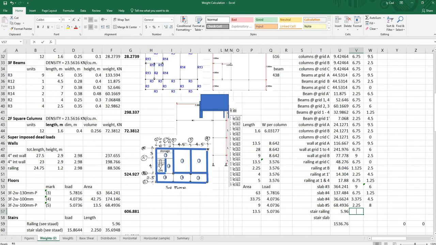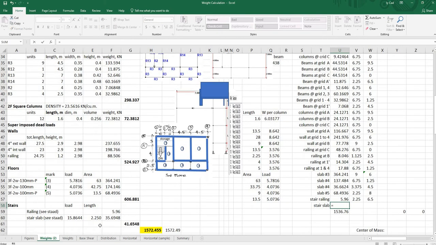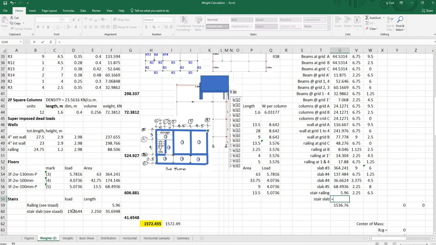The lever arm would be where it is applied, so that is 2.25, and its y is at 6.5. And the stair slab comes from 15.8644, and that is the uniform load. So we multiply that with the length of 2.25.